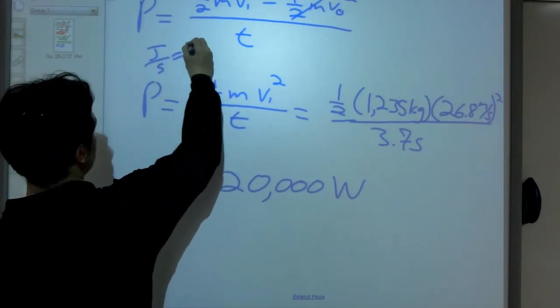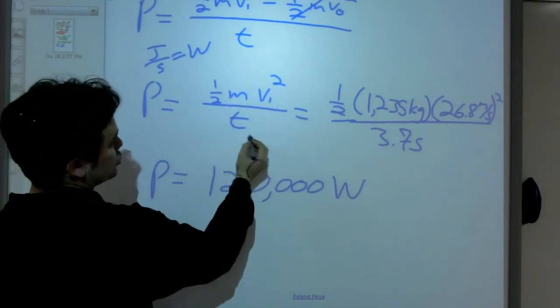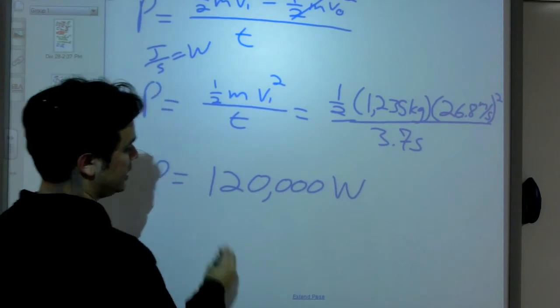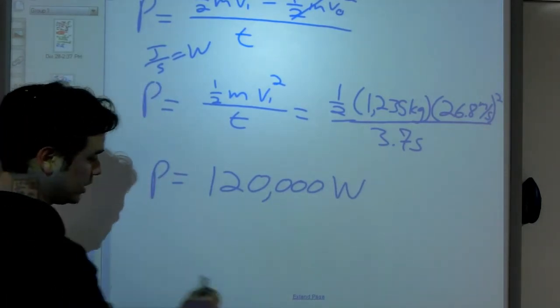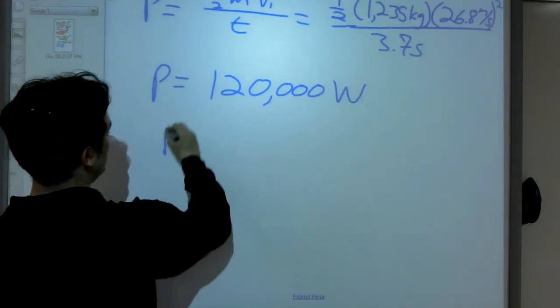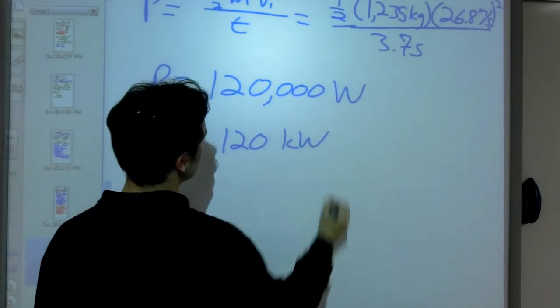Joule per second equals a watt. We can see that power is energy, which is in joules, and our time, which is in seconds. That gives us watts. Those are units of power. Okay, so this, said another way, the power is 120 kilowatts.